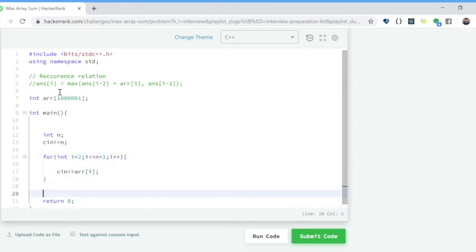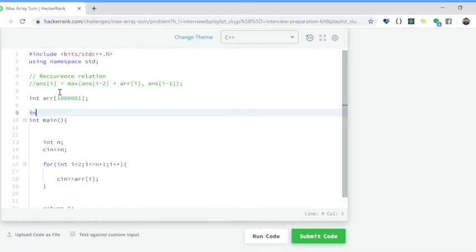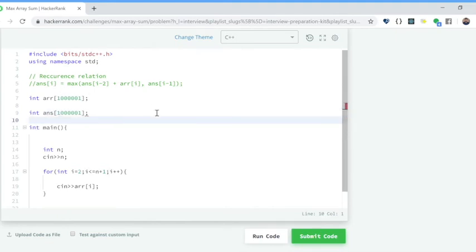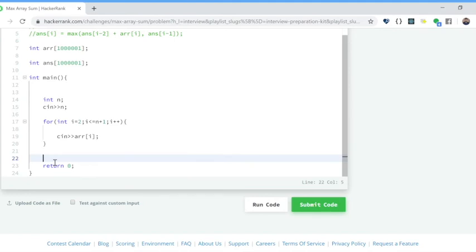So now I need an array into which I can store my answers and I'll directly start processing it.